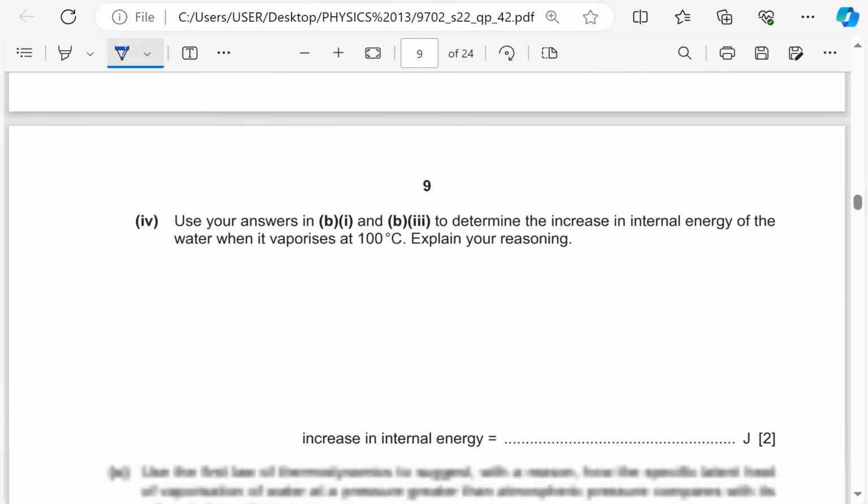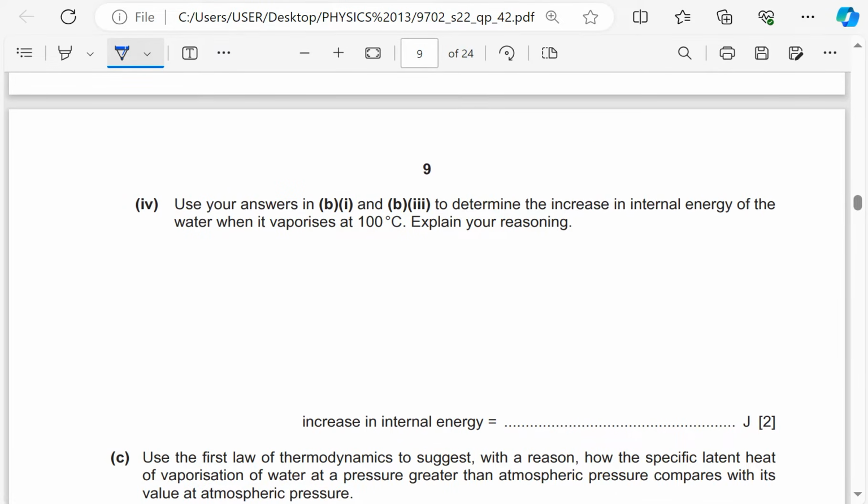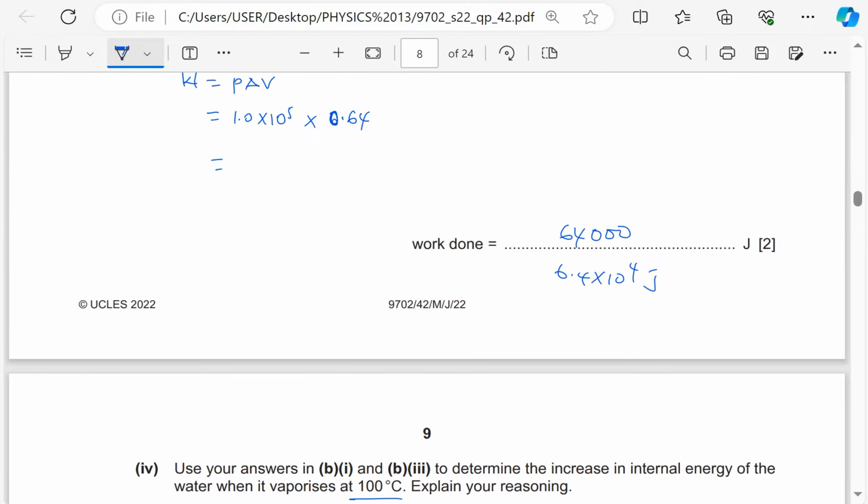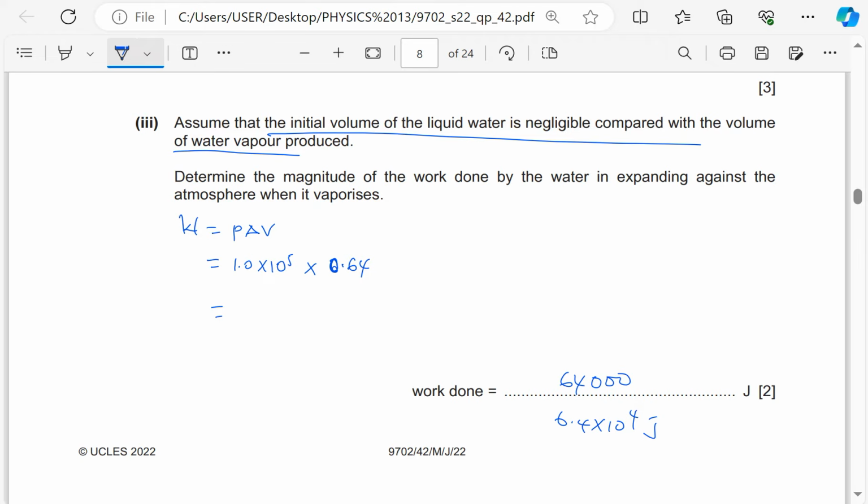That's the work done. Use your answer in B Roman 1 and B Roman 3 to determine the increase in internal energy of the water when it vaporizes at 100 degrees Celsius. So we want an increase in internal energy. Okay, so number one, we have to check the sign conventions. So first of all, the work done is going to be negative because there was an increase in volume.